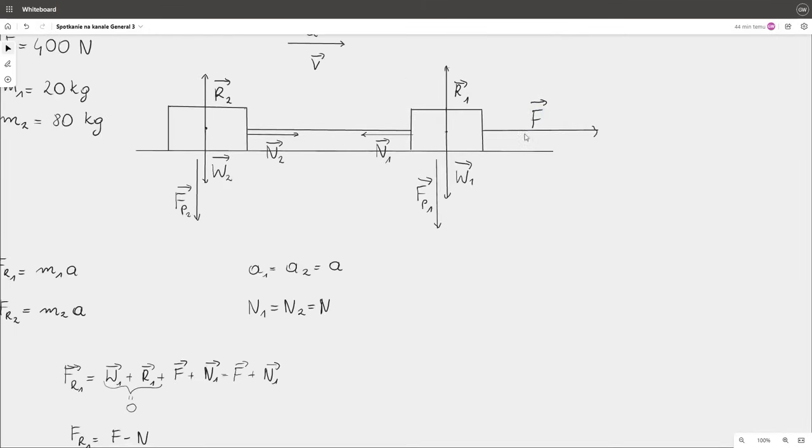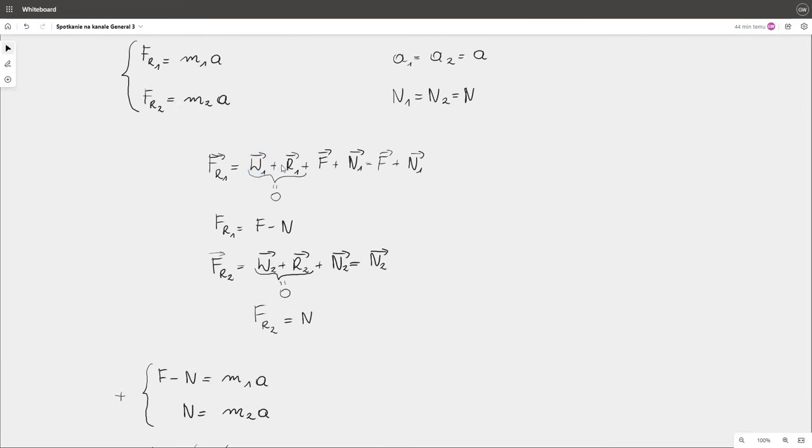Weight W1 and normal force R1 cancel each other, so resultant force vector Fr1 equals F plus N1.